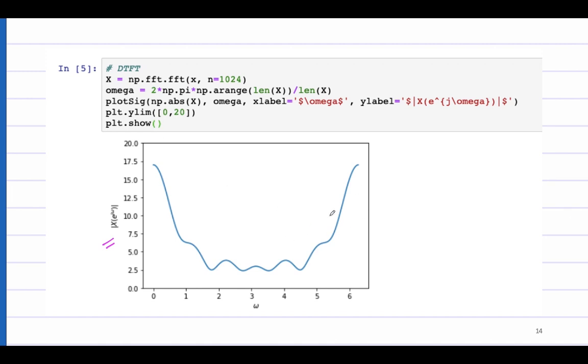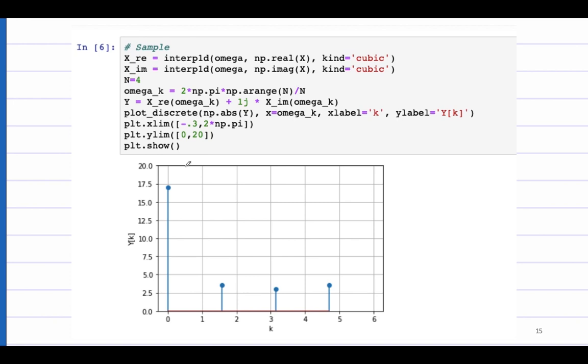And this was my X(e to the power j omega), basically the magnitude of it. Now if I sample it, this is what I find. How do I sample? I used some approximation and sampled at values of omega k, which are like this.